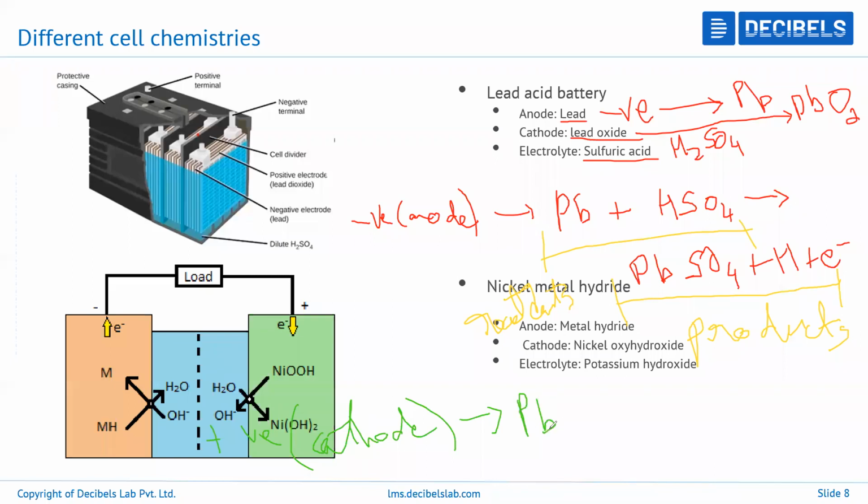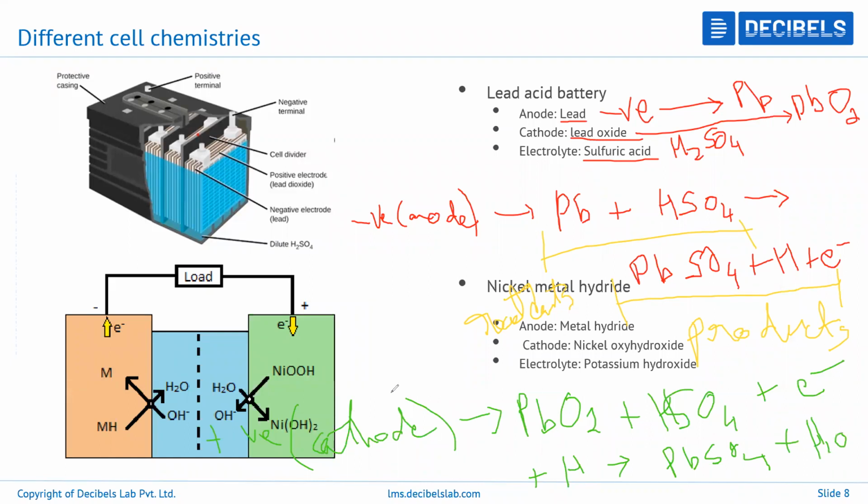Lead oxide PbO2 plus HSO4, once again the other half of the sulfuric acid, plus the electrons released in the oxidation reaction, plus the hydrogen ion, gives, once again, lead sulfate plus water, H2O. This is the reaction occurring at the cathode. So these are the two reactions, your reduction and your oxidation, the two primary reactions occurring within the cell.